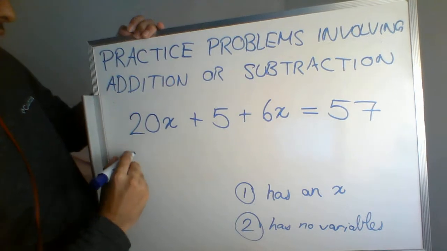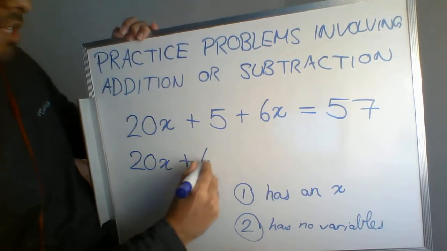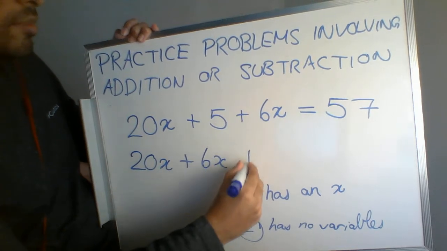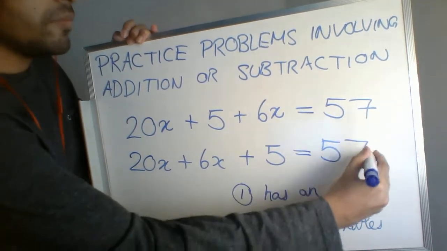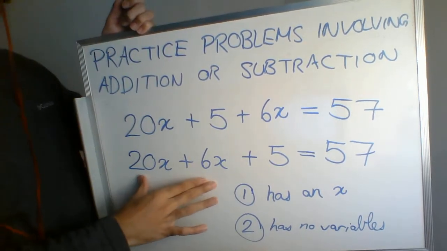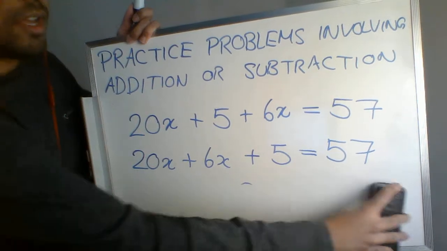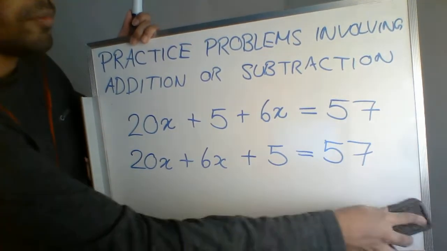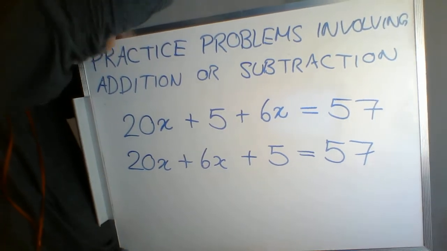So then we're going to have 20x plus 6x plus 5 is equal to 57. So now we've got these two terms that have x's side by side. I'm going to get rid of these two types down here as well. So we've got 20x plus 6x plus 5 equals 57.